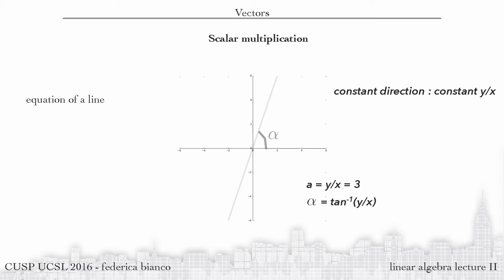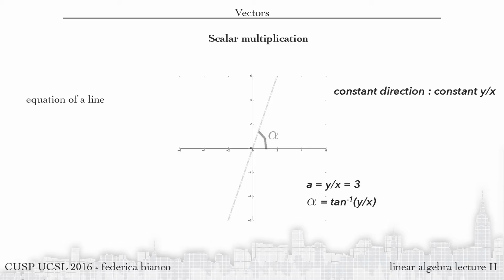Let's remind ourselves, first of all, that we have already looked at the equation for a line in a two-dimensional parameter space. So we have a space of x and y defined by this coordinate system. And we have an infinite number of lines in this space. We have a particular line which we're looking at, which has some direction.